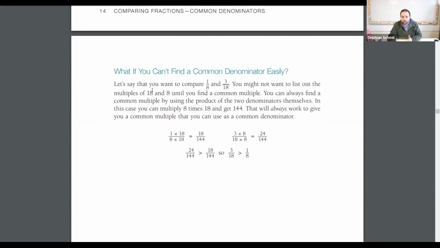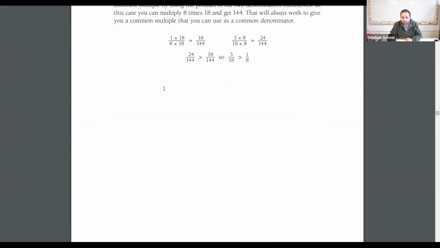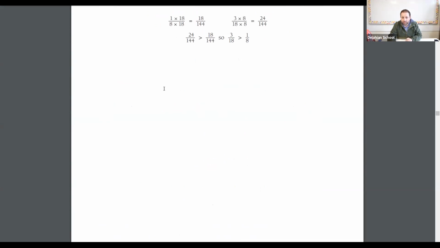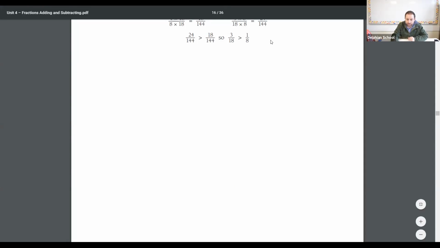So there's this section. What if you can't find a common denominator easily? I'm going to scroll up because I don't even want to have that text on there. So let's say you have 3/8 and 3/18 and 1/8. I'm going to put this on the screen.